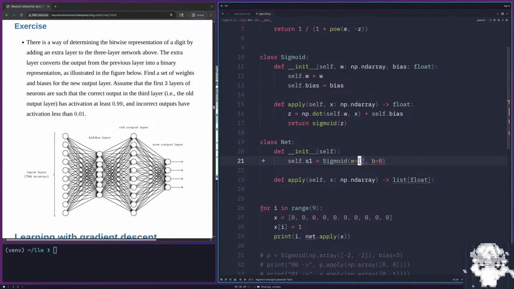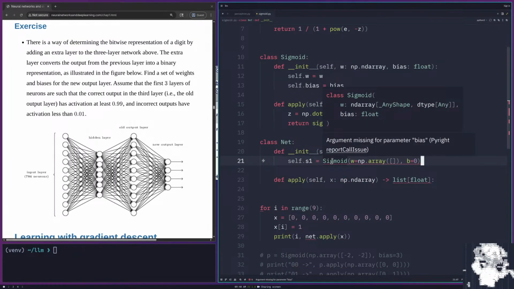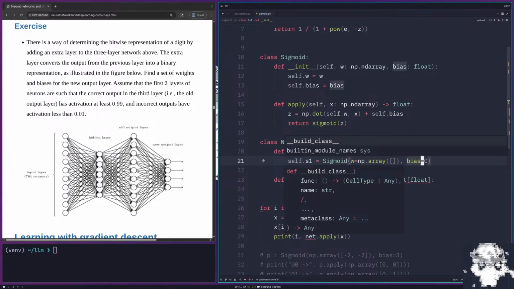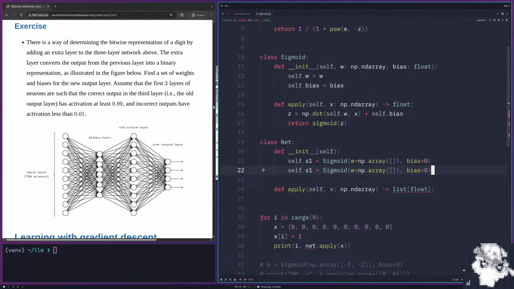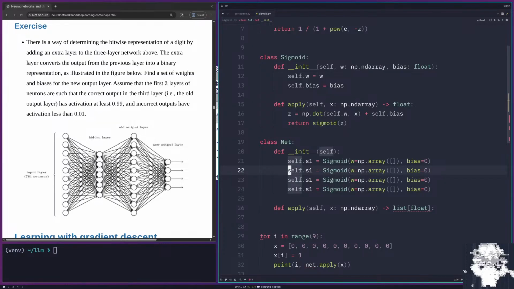This needs to be an np.array. Why is it underlining this? Oh, bias. Okay, so we've got 4 sigmoids, 2, 3, 4.